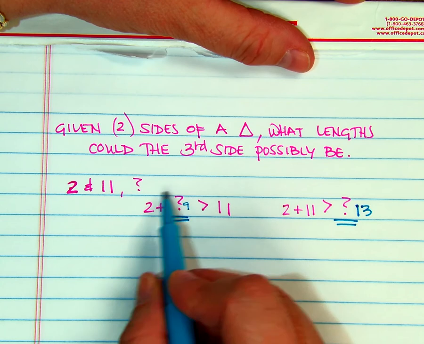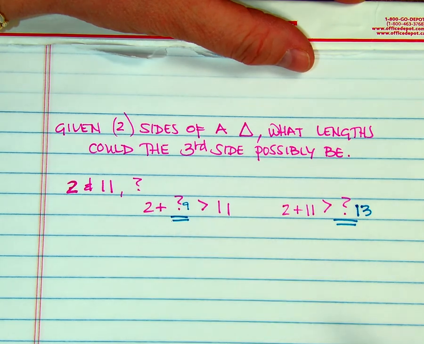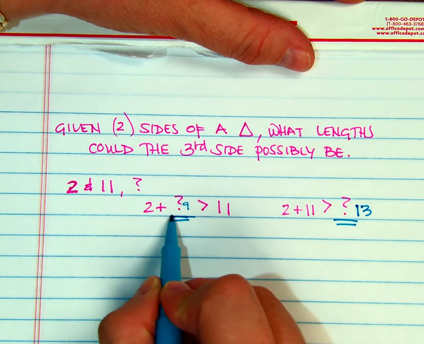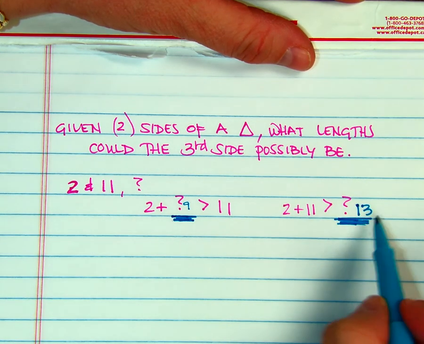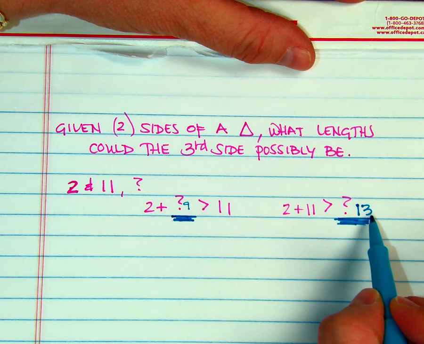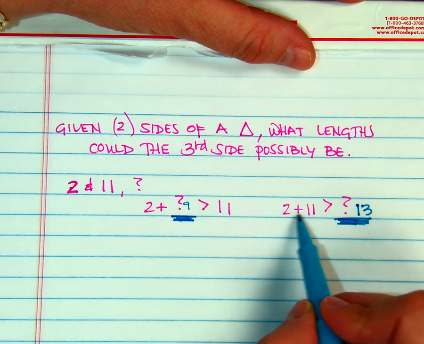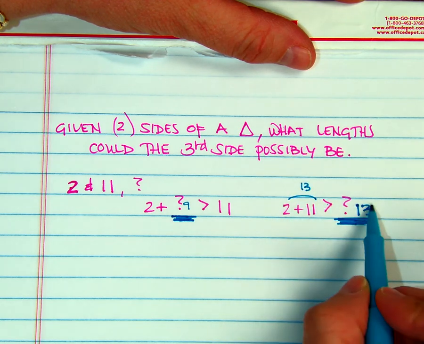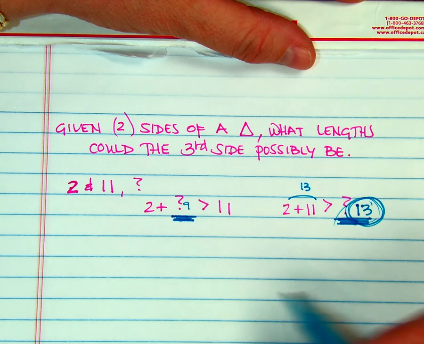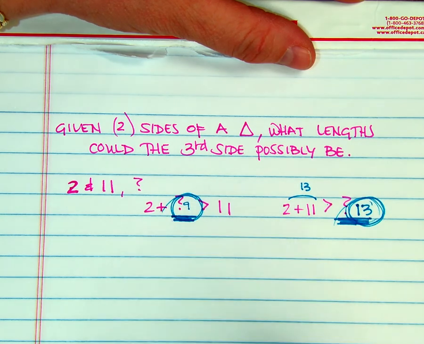So you have two things you are looking at. What number could this be, and what number could that possibly be? Could this be 13? The answer is no, because 2 plus 11 equals 13, and 13 is not greater than 13. So this cannot be quite 13, and this can't quite be 9.